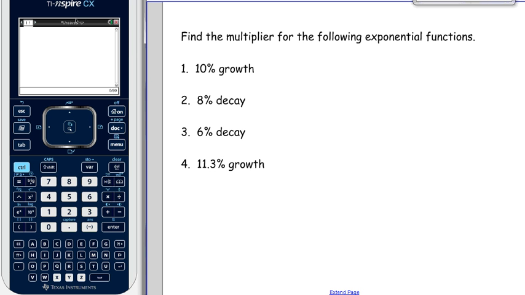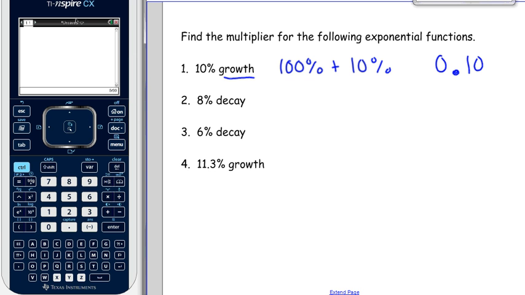The idea of growth is that we're going to keep what we have. We keep 100%, and then we add 10% onto that, so it means 100% plus an additional 10%. We know 10% written as a decimal is 0.10.